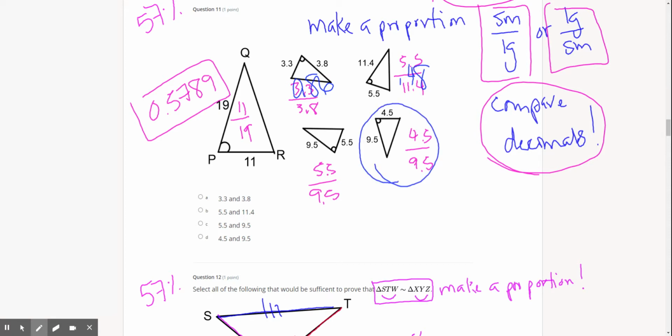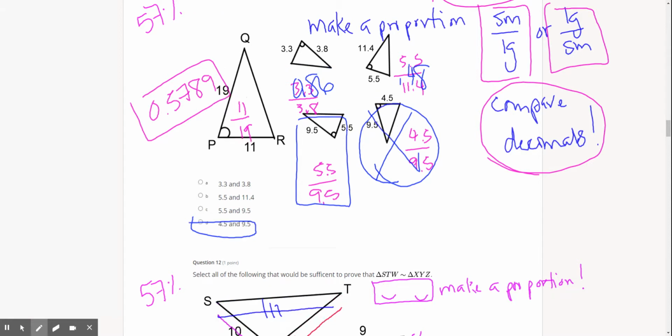The one next to it? This one? Sweet. That's what I got too. So that is answer choice C, right? So anytime you're given two sides, just find the decimal equivalent to small over large and compare the decimals.